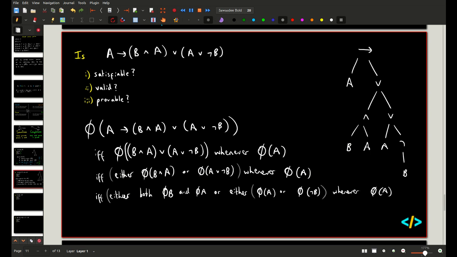Either phi A or not phi B. If either both phi A and that, or, okay. Do we see how we've come from here to here? I don't want to lose anyone on the way. Does that make sense?